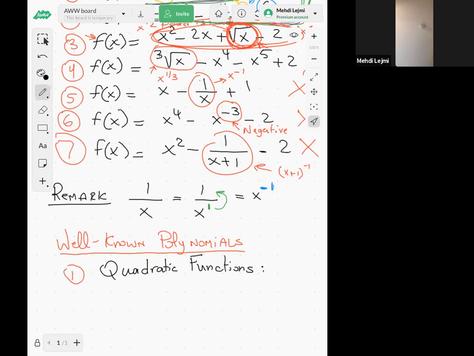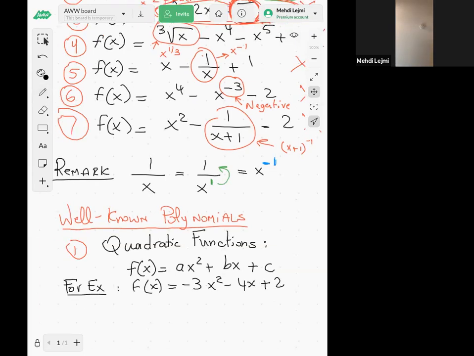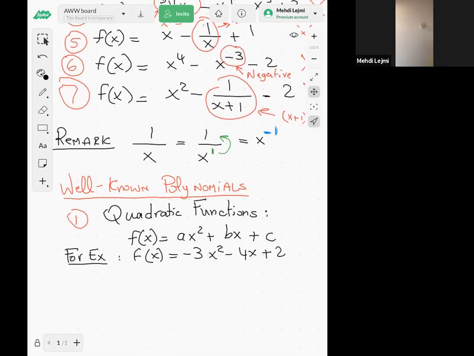Whenever the highest power of x is 2, for example f of x equals ax squared plus bx plus c. For example, f of x equals negative 3x squared minus 4x plus 2. That's a polynomial, because all the powers of x are positive whole numbers.